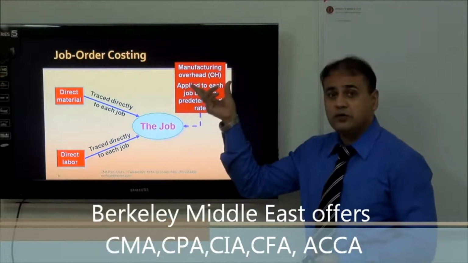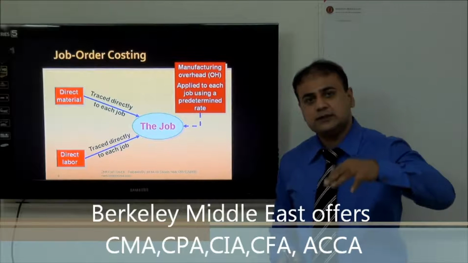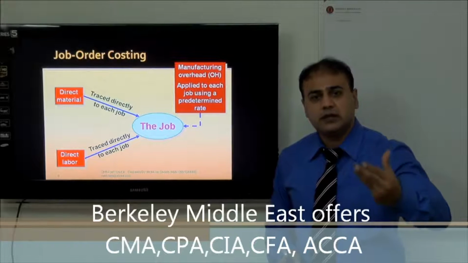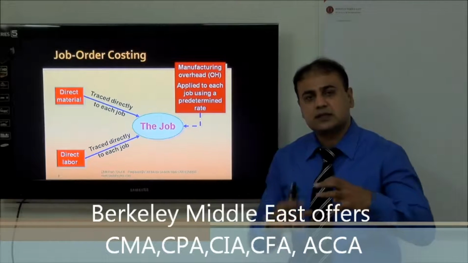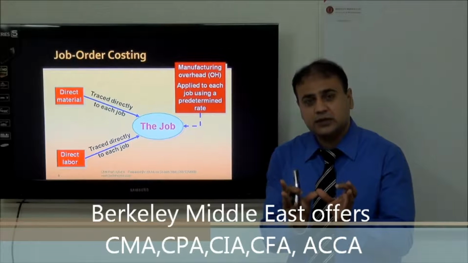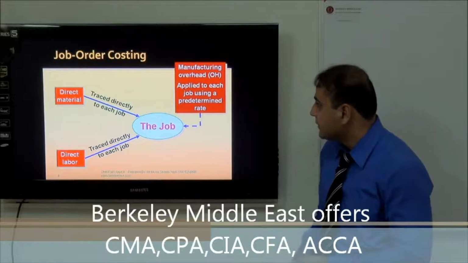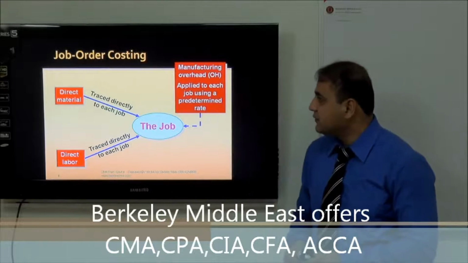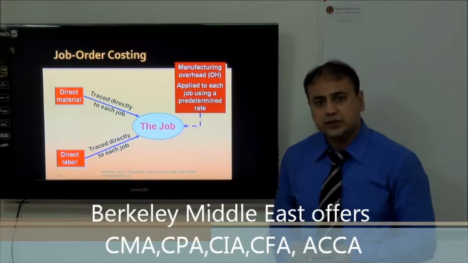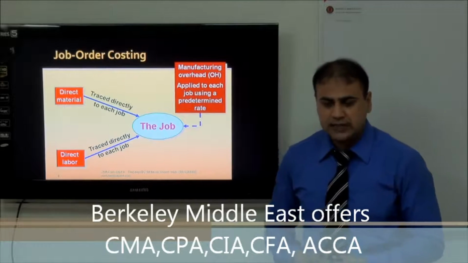But what about the overheads? Because we have a factory, we are going to pay rent and salaries. How should they be allocated? This is the concern for us, to allocate the accurate per unit cost of a specific product. So for the manufacturing overhead applied to each unit, we will use a predetermined overhead rate. What is that rate?